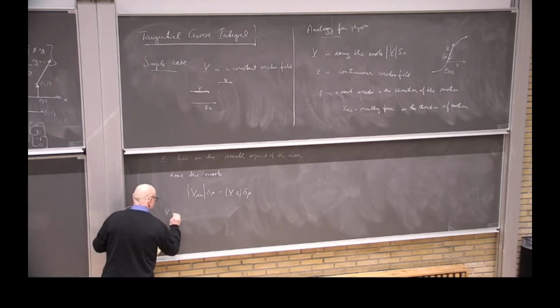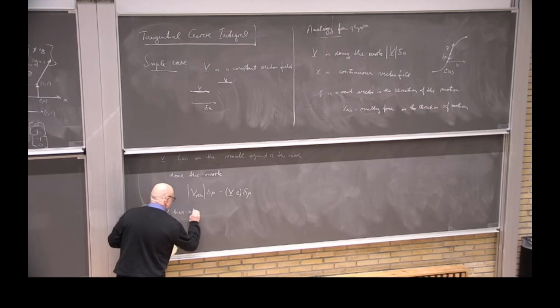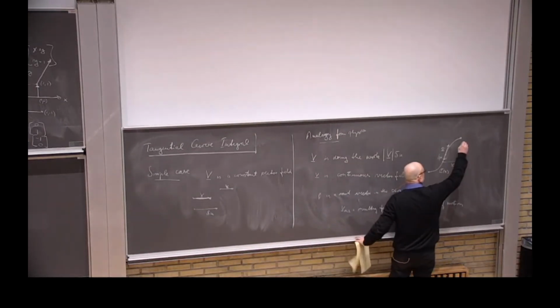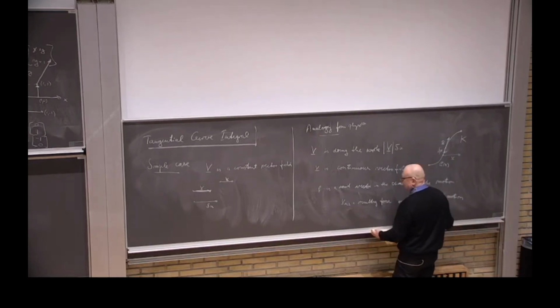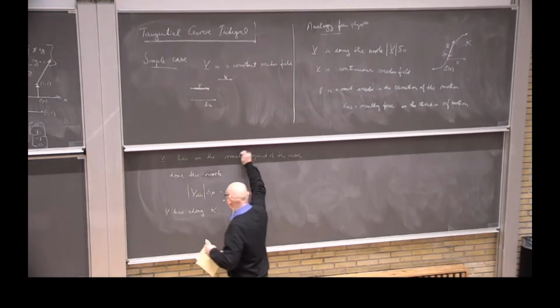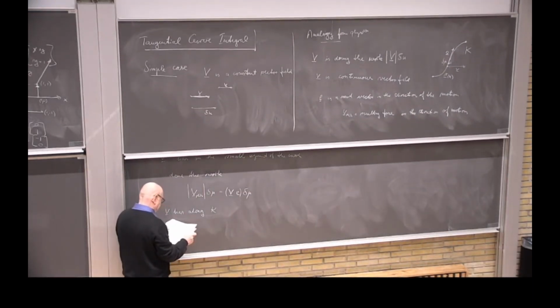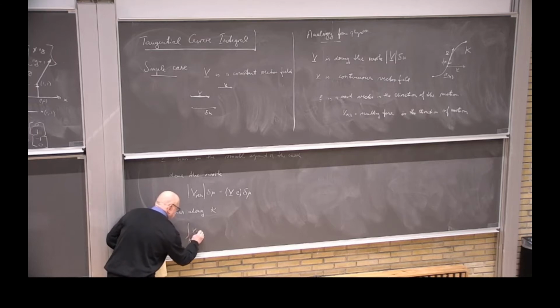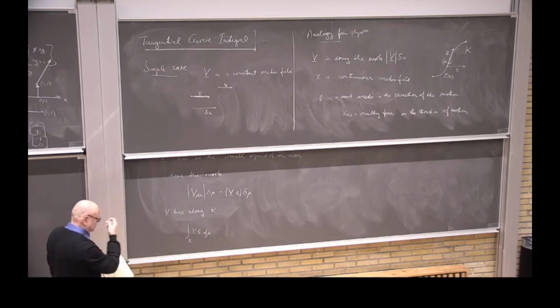And then we say that V has, along the curve K. Did I write that? No, I did not. This is the curve K. It has done the work, and this is this projection here times this.